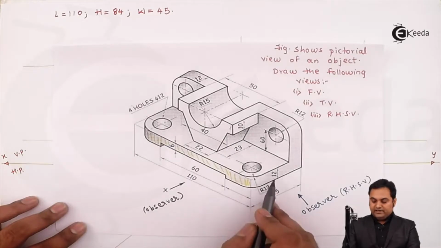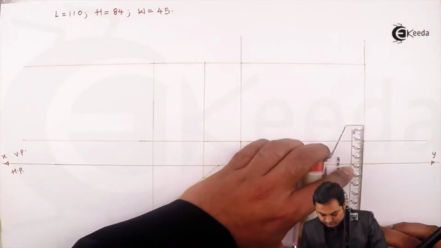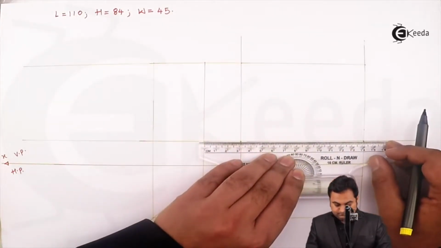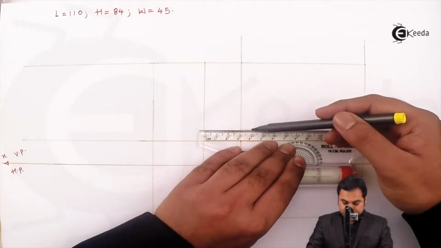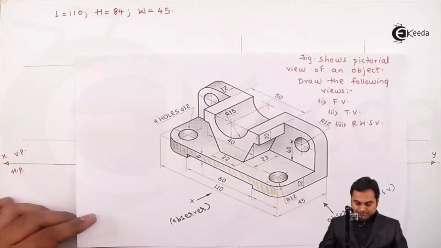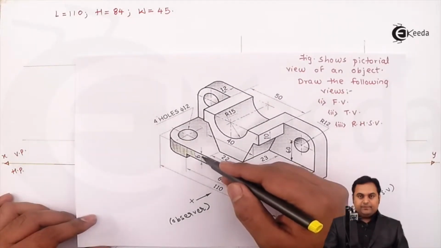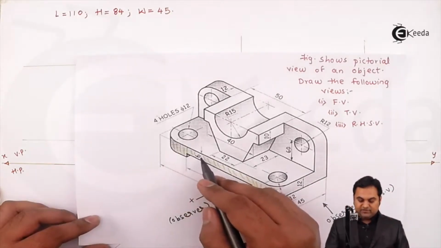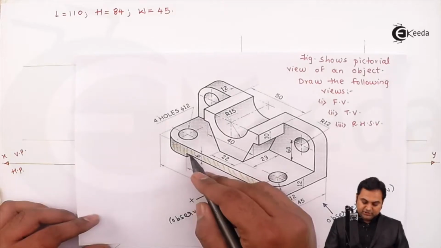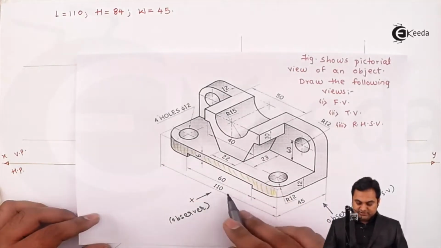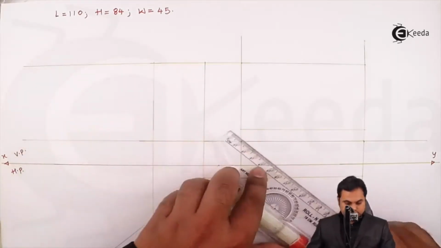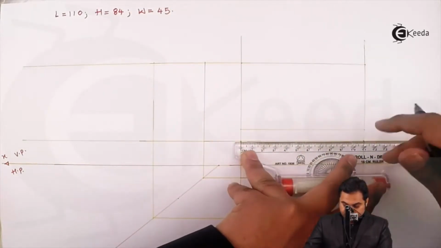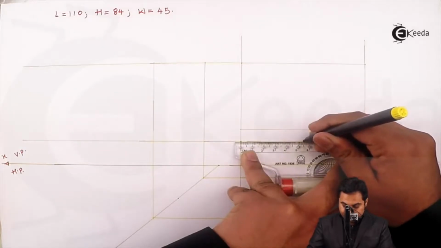So first I'll take a height of 12 mm, projecting a light line. Here there is another plate of 6 mm. It means out of the total height 12 mm, if we subtract 6, there is a cut of 6 mm height and its length is 60 mm. So here first of all I'll mark the center, taking half of 110, that is 55 mm.